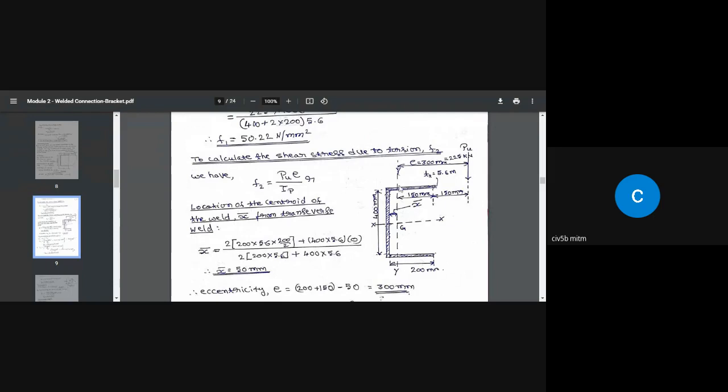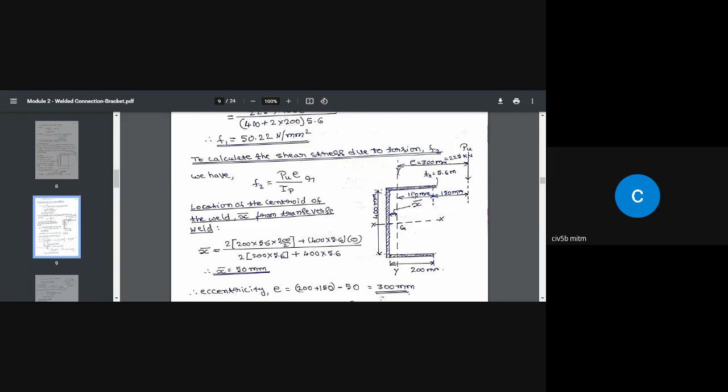Iyy value, that is the moment of inertia of this weld about this axis, is given by moment of inertia of this about its own centroidal axis. The own centroidal axis should be parallel to this.